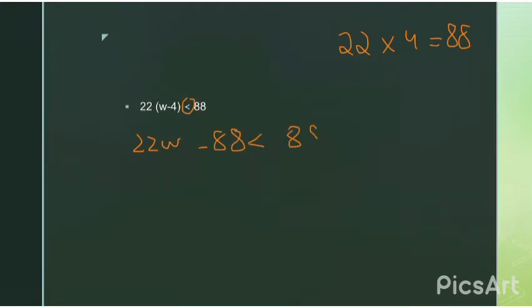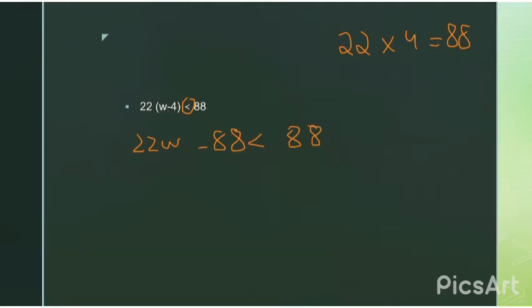Now this is the other question, 22 (w minus 4) less than 88. So here we expand the brackets, 22w, and then we multiply the 22 into 4, which is 88. Then we do minus 88, and then the sign we bring down, so it's 88 again.